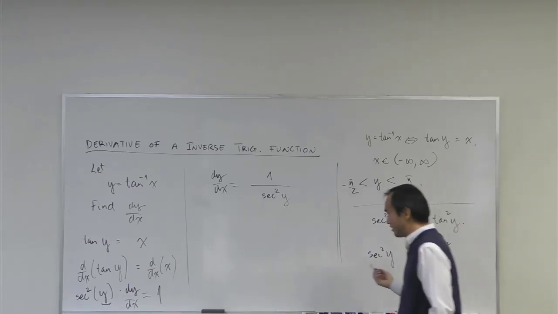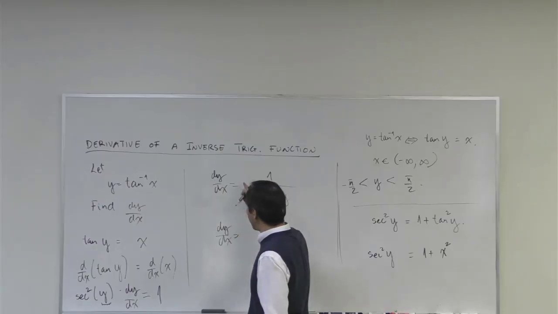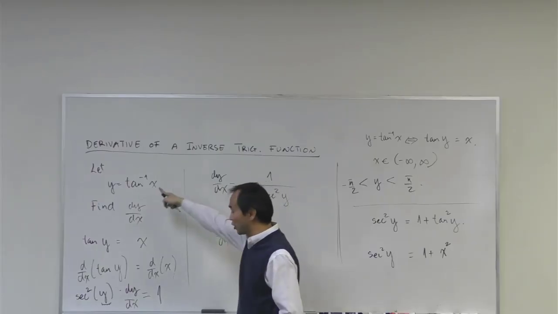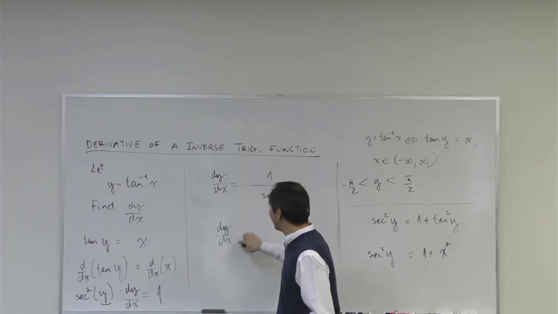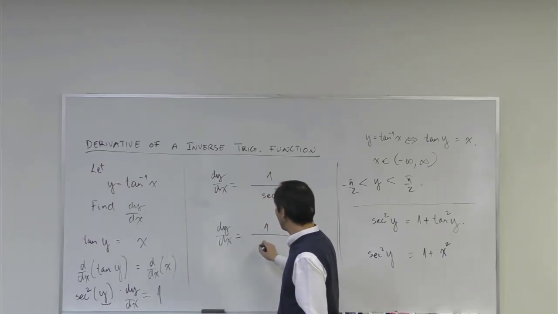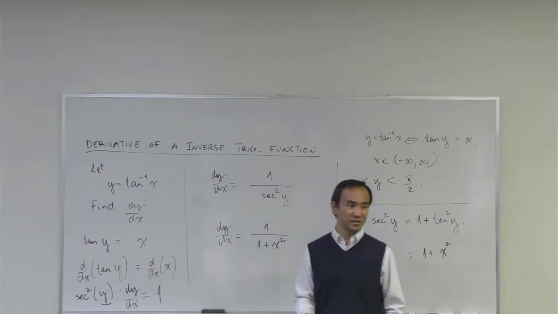And so now we have found it. It's all for the purpose that we don't like writing our final derivative in terms of y because our starting function was in terms of x. So the final function here is 1 over 1 plus x squared. This is the derivative for tangent inverse.